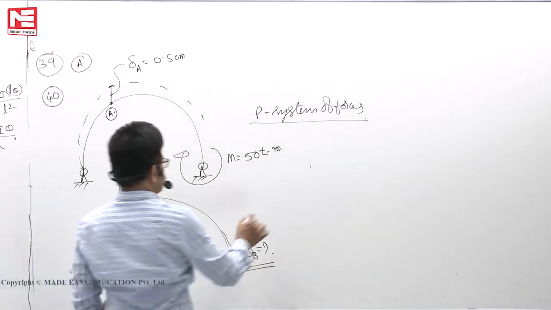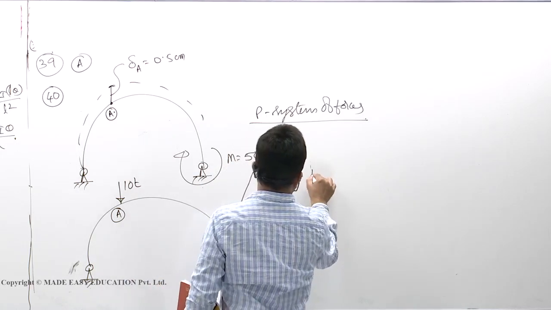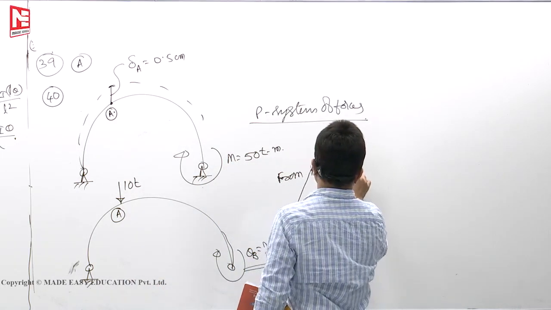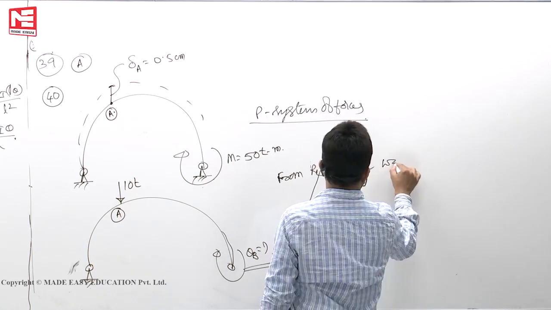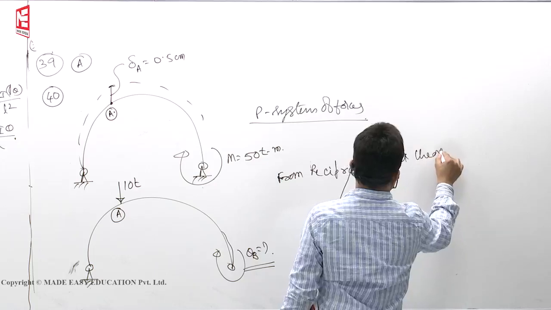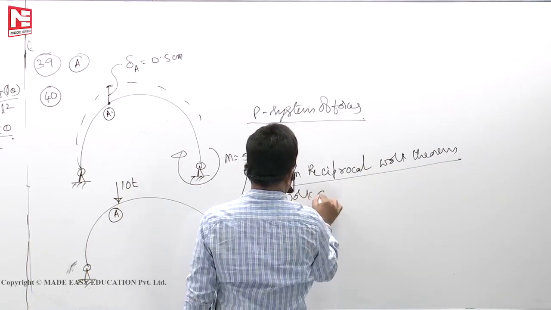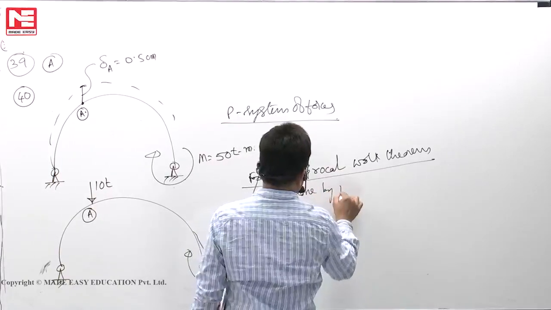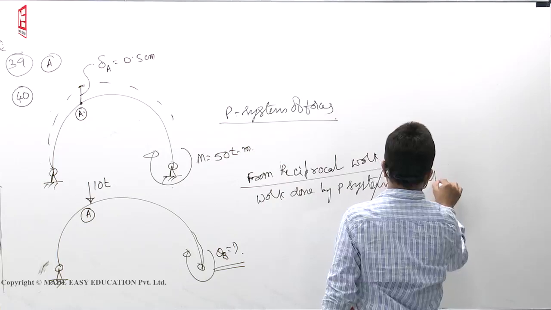Now Betti's work theorem, from the reciprocal work theorem: work done by the P system is equal to work done by the Q system.